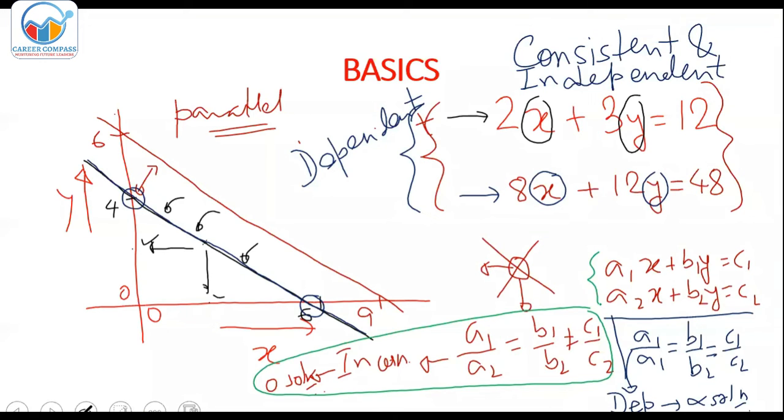Similarly, if you have a situation where a1 by a2 equal to b1 by b2, which is equal to c1 by c2, then in this kind of situations you get dependent equations, and then in that case you will have infinite solutions. All right, so I hope that part was clear to all of you.